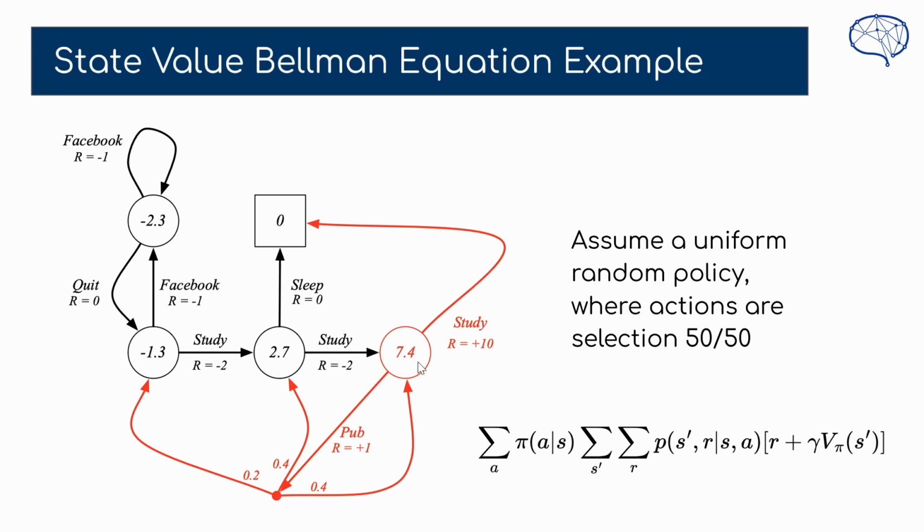Assume that these circles are states, and the numbers inside them are the current state values. And the square over here is a terminating state, so once you reach here, you can't get out. And then each arrow is an action or a different path that you can take.